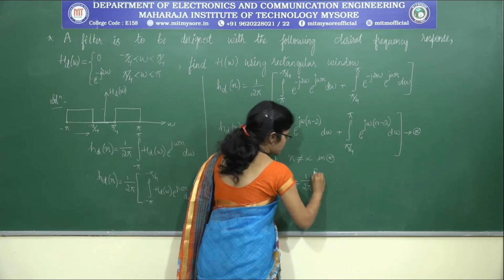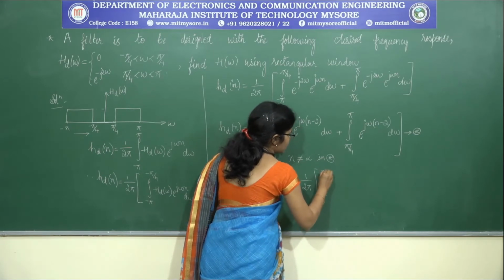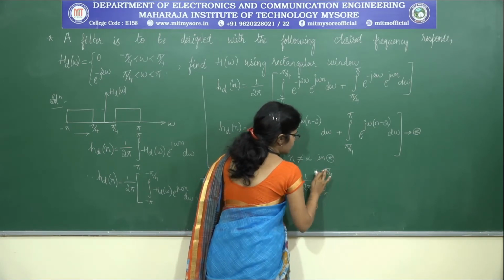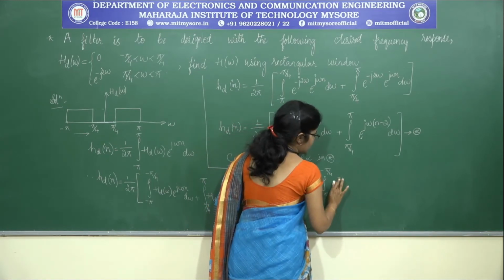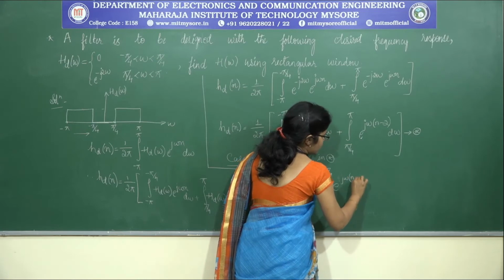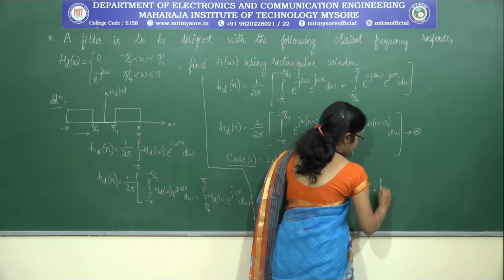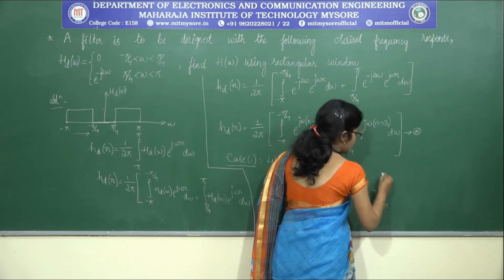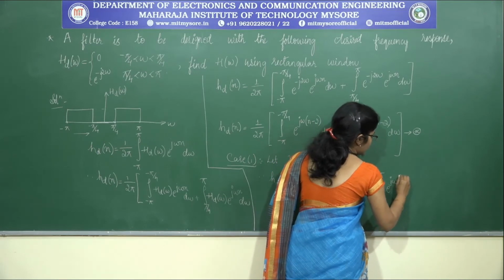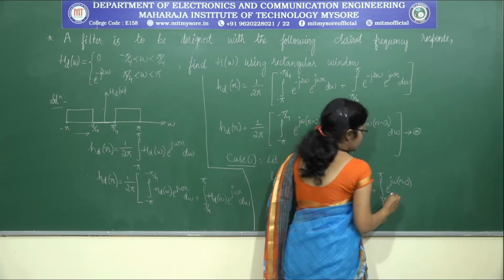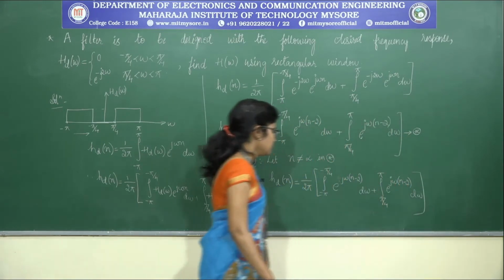The equation remains the same, so let me rewrite it as it is: integral from minus pi to minus pi by 4 e power j omega into n minus 2, d omega, plus integral from pi by 4 to pi e power j omega into n minus 2, d omega.